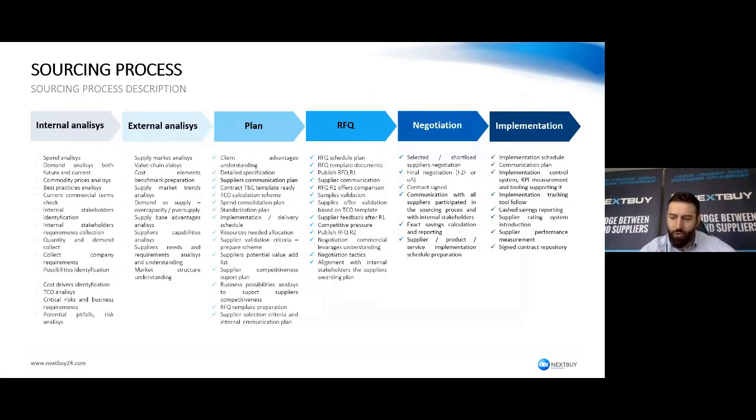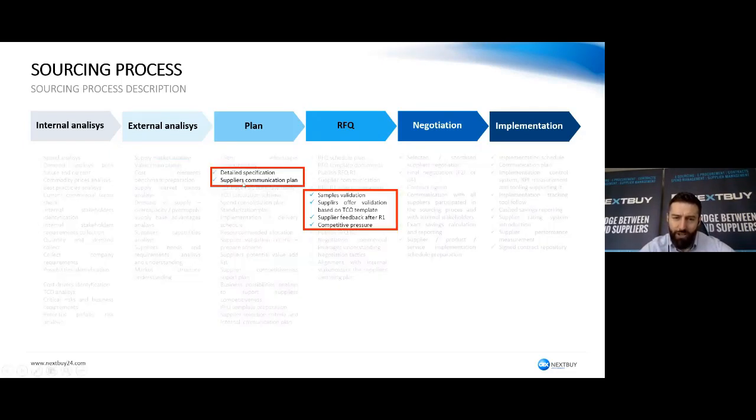If you end up in a situation where in the e-auction you have 46% savings, and there were 4,000 SKUs, probably what went wrong was that we did not identify the specs properly, and the suppliers did not quote apples to apples. The preparation phase, with a detailed specification and a supplier communication plan, and the technical dialogue which should happen before the e-auction phase, just didn't happen, because we wanted to make it quick and dirty. We wanted to capture the savings.